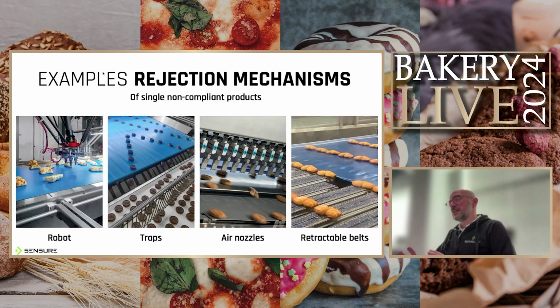But this depends, as I said, on the line and the type of product you use. So first step, AI can be used to do quality control with automatic machine learning or self-learning approaches, which can automatically give you the recipe and the features to manage your quality.